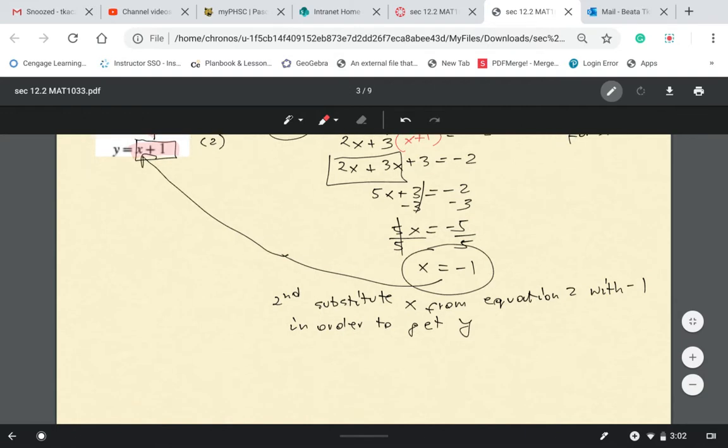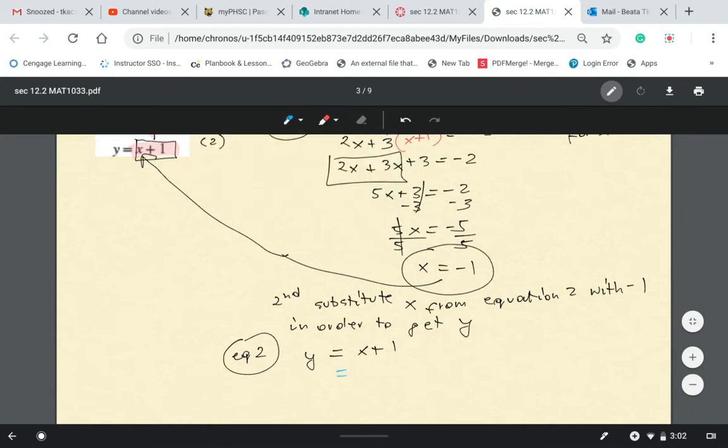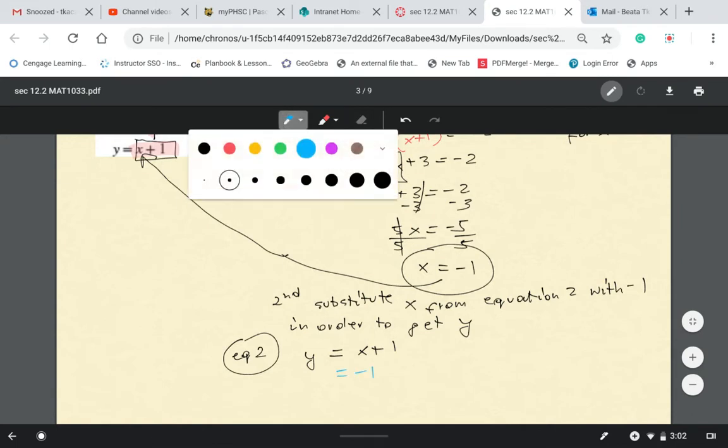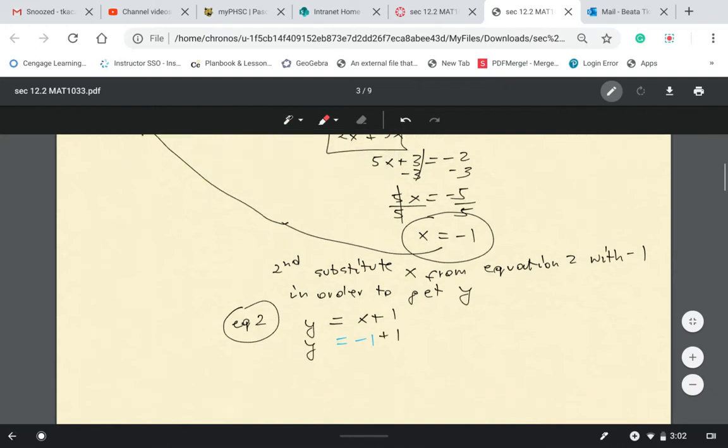So the second equation, equation 2, is y equal x plus 1. We're going to replace that x with negative 1. So that will be negative 1 plus 1. So we're having that y is equal to 0.